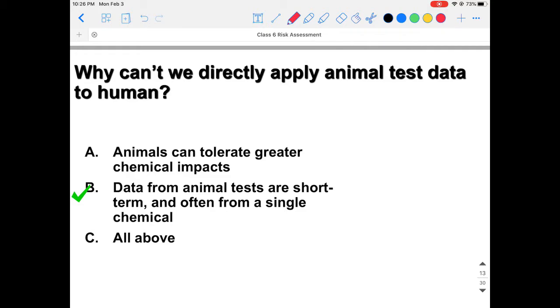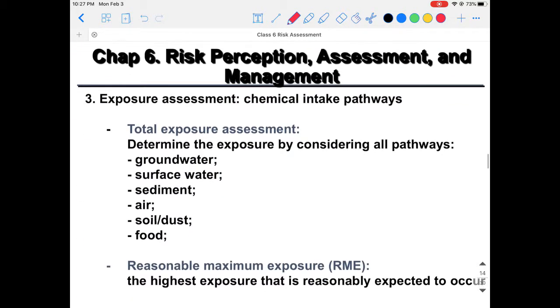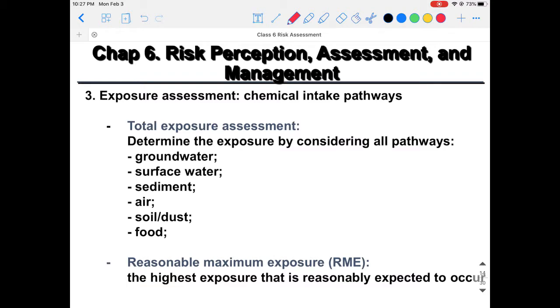Let's consider rats as an example. So rats are very small, right? So because of that, the lethal dose is going to be lower compared to humans, simply because humans have a larger body mass, right? So because of that, we're more tolerant to some chemicals compared to the rats, all right?